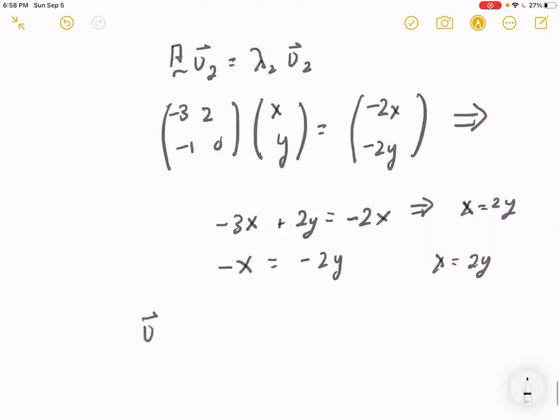So u sub 2 is going to be 2b, b, those are the matrix elements, where b is an arbitrary constant.